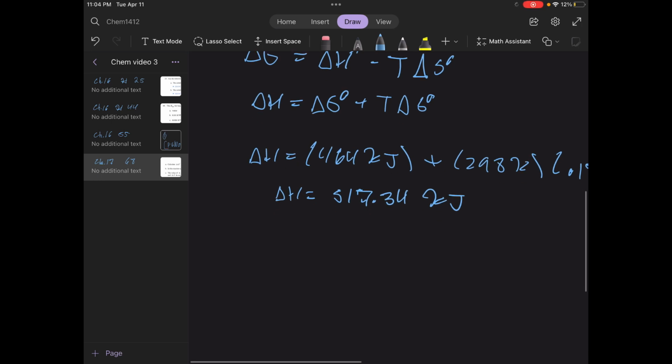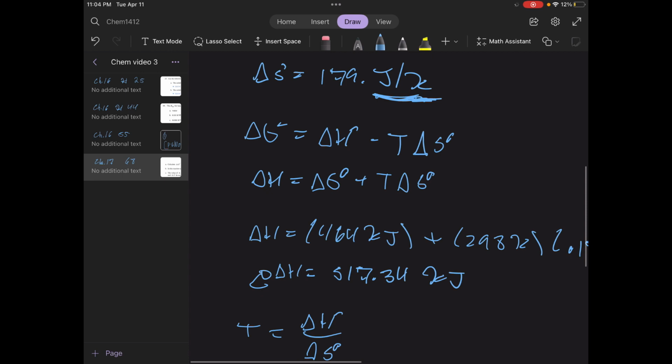It's asking for our temperature. Once we find our H, we know that our temperature, to make it spontaneous, is equal to H naught over S naught. We get our H from here and our S from up here.